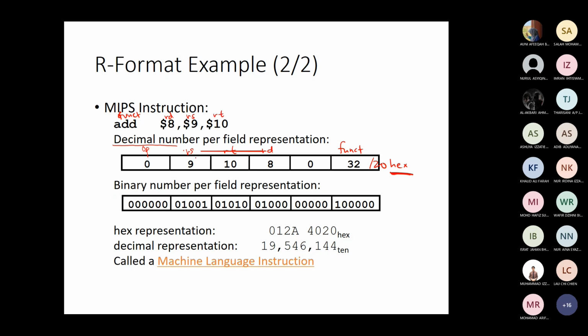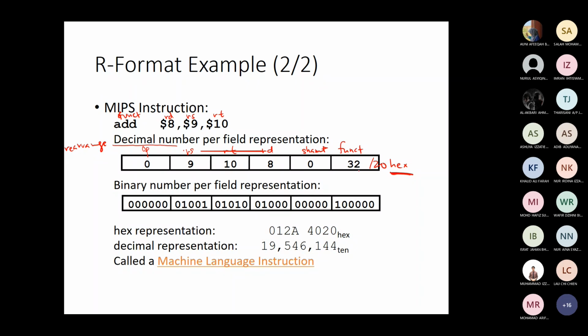But the MIPS R format is opcode, RS, RT, RD, and then shift amount. So you need to rearrange. Now you put the value for each of these fields.